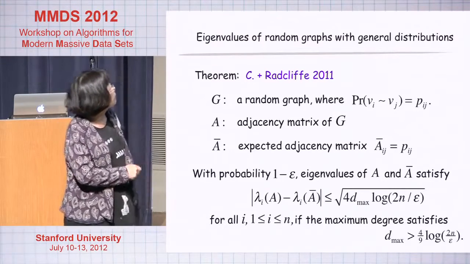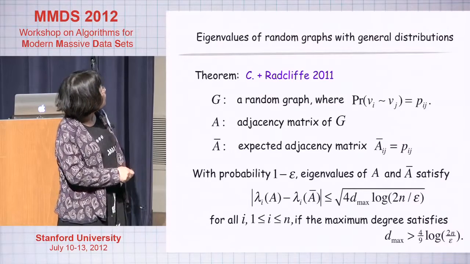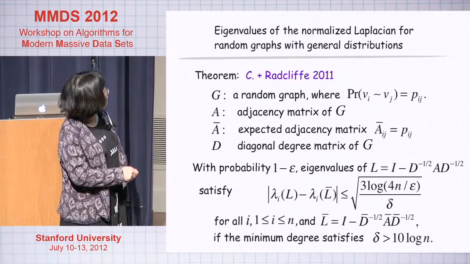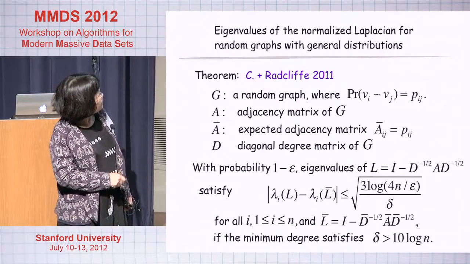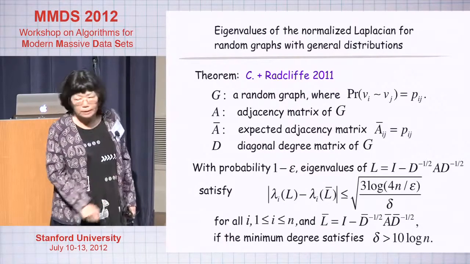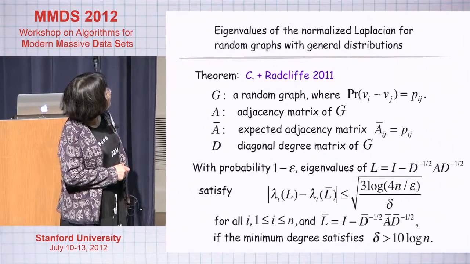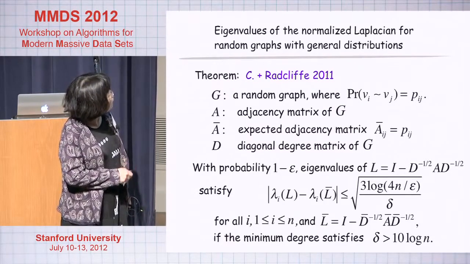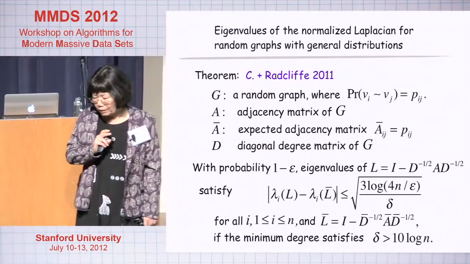All the eigenvalues are very close to their associated eigenvalues, with a bound depending on a few things. And the same thing holds for the Laplacian, but with a little bit stronger correlation.